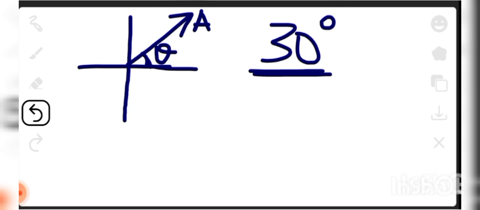How do you get that? You remove this 30 from 360. If you take the negative of that answer, you get the same angle as 30. But we don't want to go into this angle theory now.